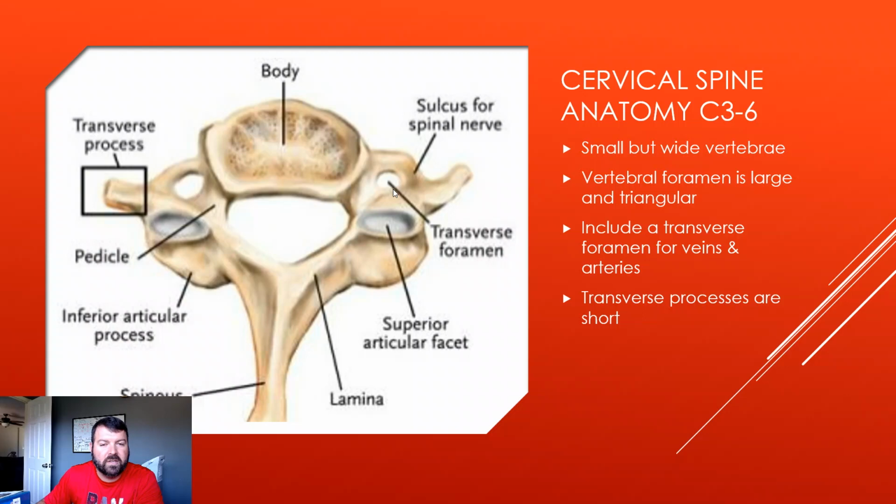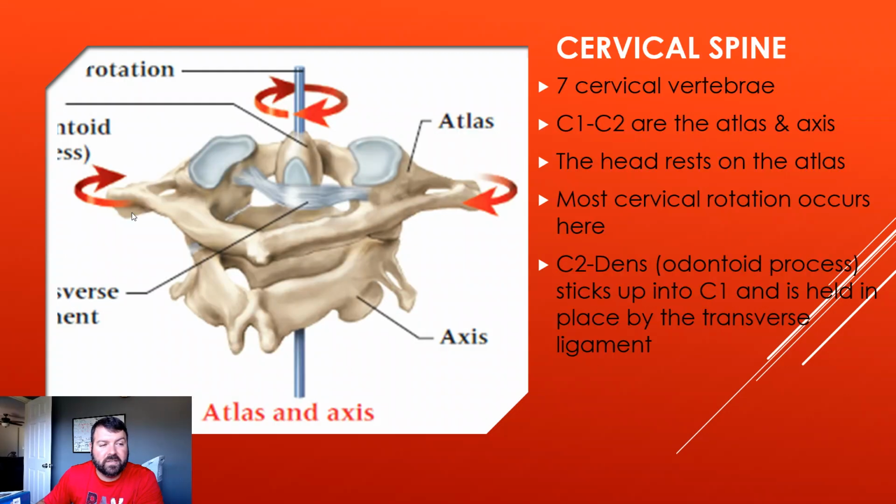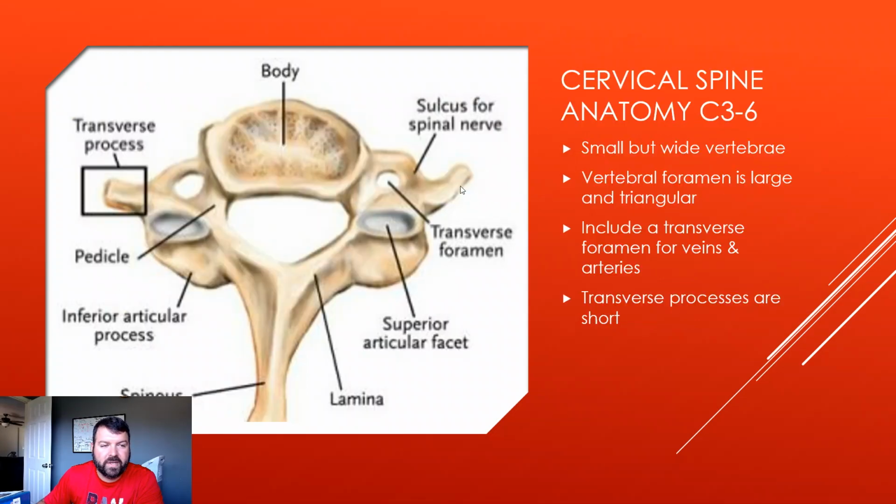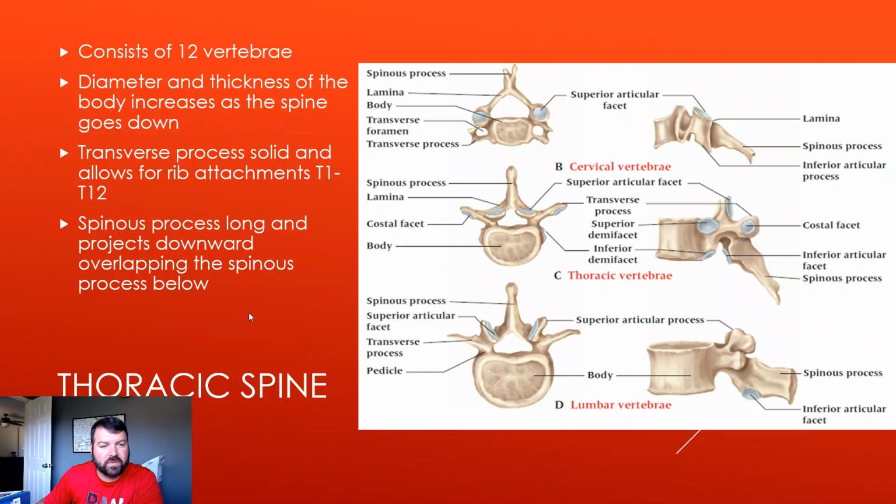On the sides, the transverse process sticks out a little farther. You can see C1 sticks out really far, while C3 doesn't stick out quite as far. I think that's for the most part the gist of the cervical spine.